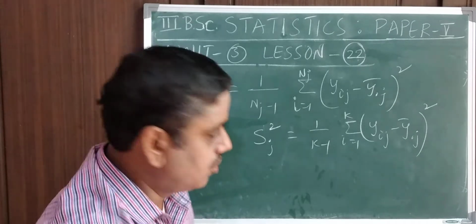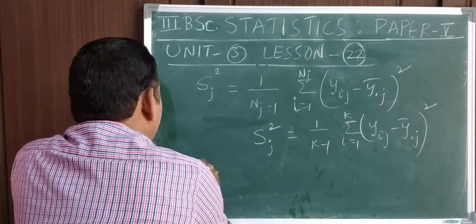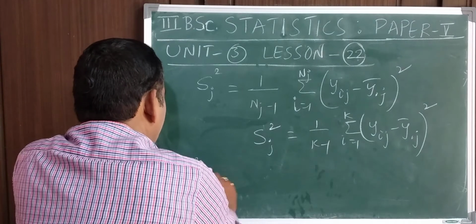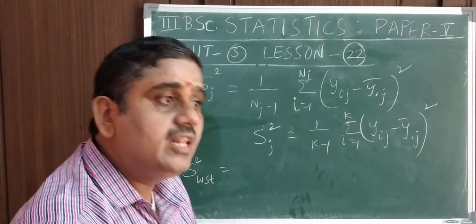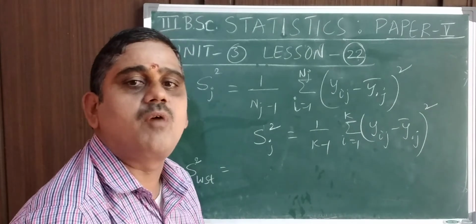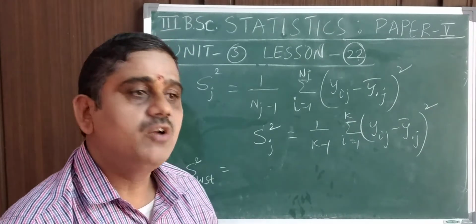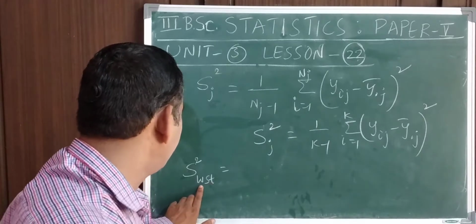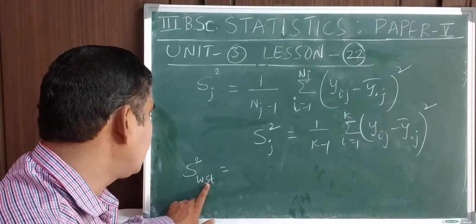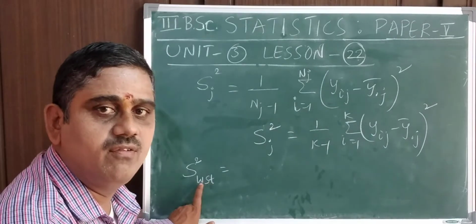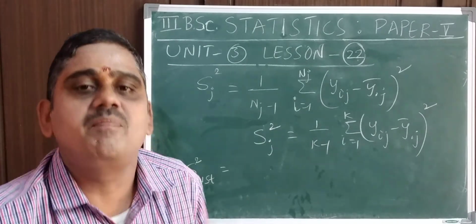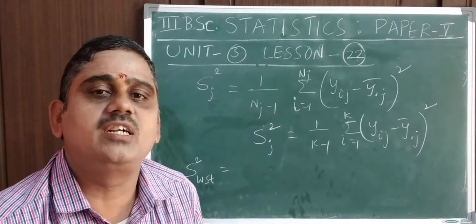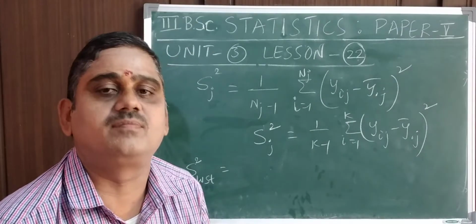Clear? Now I consider S square WST, that is the mean square of the population between the units within the stratum. So you see, this is the meaning of within the stratum, ST. S square WST is nothing but the mean square of the population between the units within the stratum.